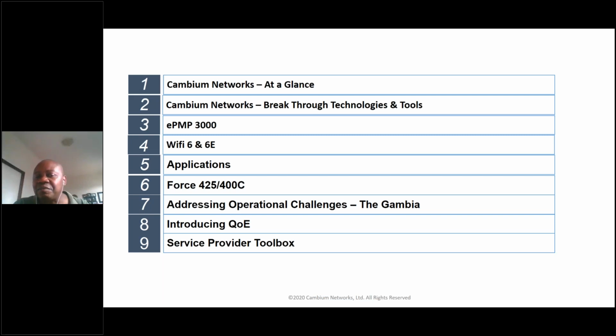Then we'll look into some applications, because applications is what your end customers talk to you about, and that tends to resonate with them and yourselves. And then I'll give you a snippet into our affordable Force 425.